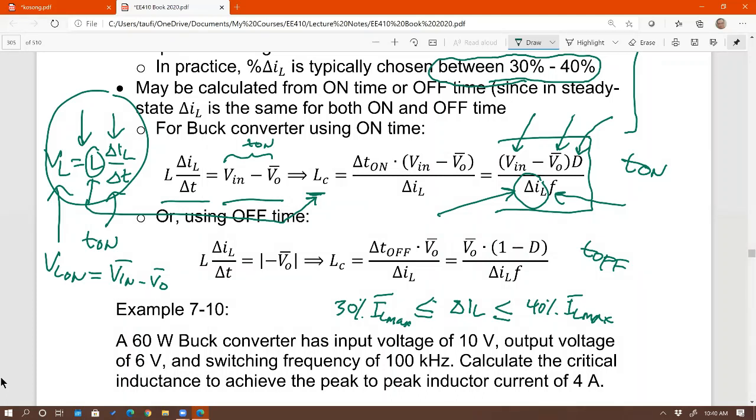How do you find IL max average for a buck converter? Do we know what IL max average is for a buck converter? Do we know this value? Anybody? Data sheet? Or the average output current plus half the ripple.